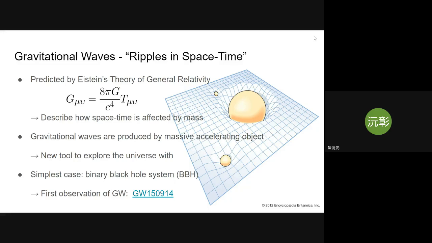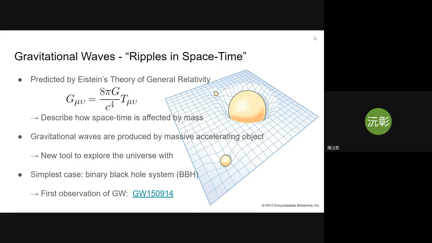But where do gravitational waves come from? Gravitational waves are produced by masses moving through space-time in special ways. The simplest system that produces gravitational waves is two masses orbiting their common center of mass.